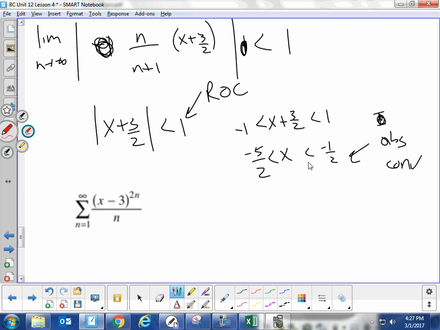I would add an equals sign right here, and I'd say that we would converge on this interval between -5/2 and -1/2, including -1/2. Okay, absolute convergence: we would not have to check the endpoints if we wanted to just figure out when we converge. Boom, we have to check our endpoints.